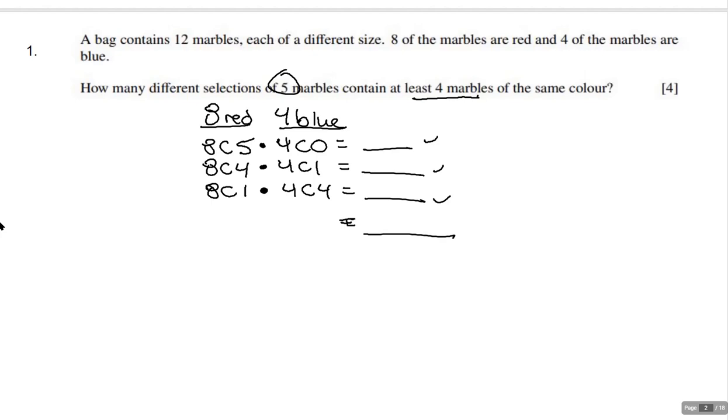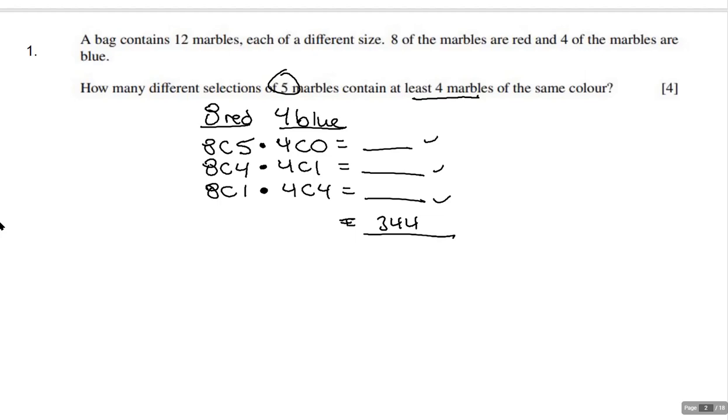Try that. Tell me what you get. $344. Exactly. There should be 200.